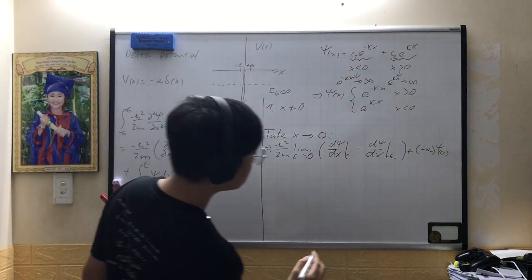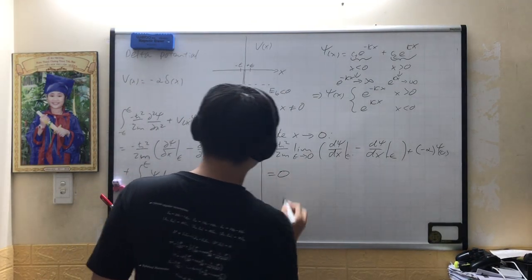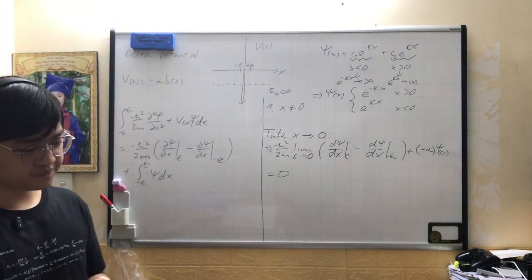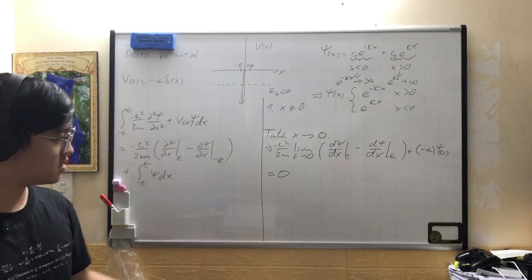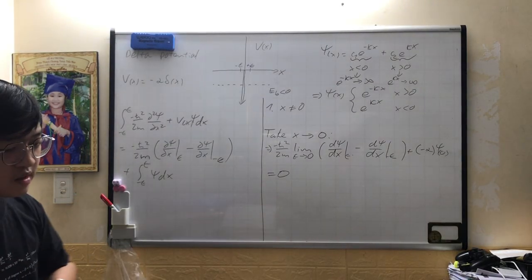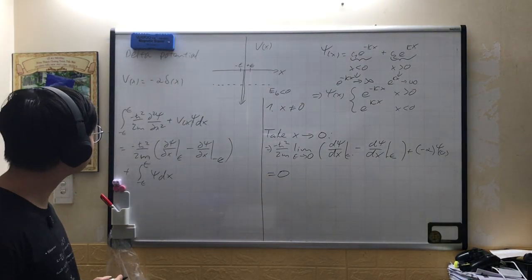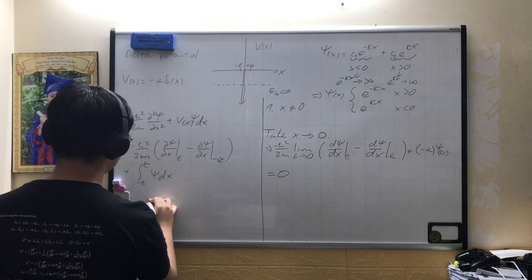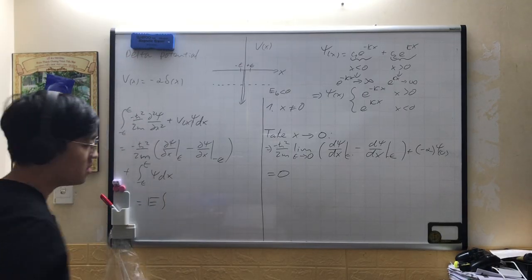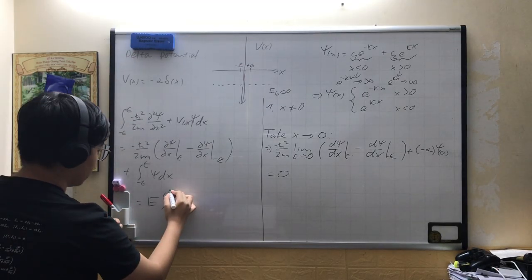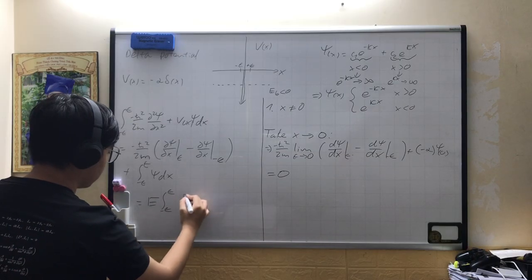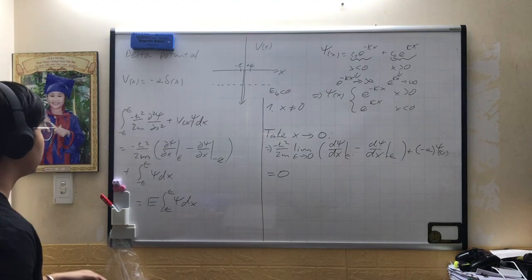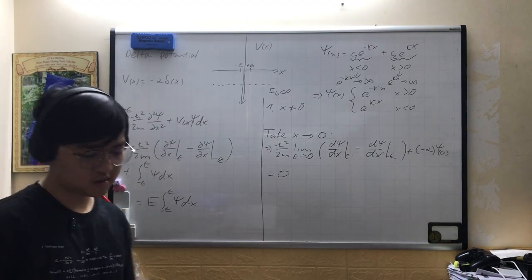Okay, I should write the equal to 0 down here. Okay, so you have this, and there is actually something I forgot to mention, is that the integral of Hamiltonian is also equal to your E integral of your psi dx from minus epsilon to epsilon.